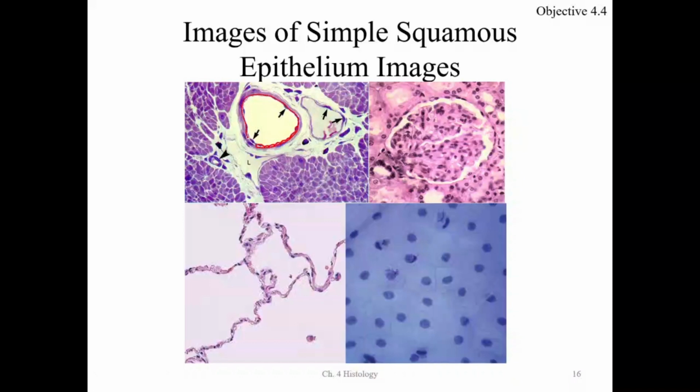So I'm outlining the tissue, very thin and flat. Now right here, we can actually see these squamous cells. So they're looking very squamous, squished, squashed.